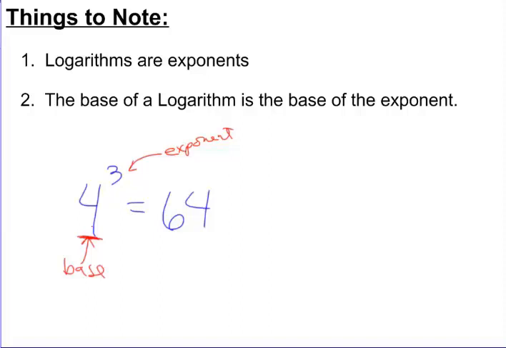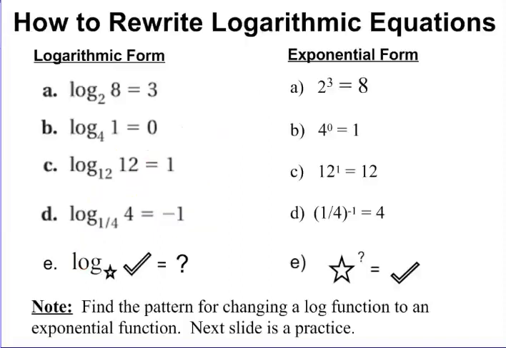So the next slide. How to rewrite a logarithmic equation. This is what logs look like. So the first one, log base 2 of 8 is equal to 3. So we've already noted that the base of the log would also be the base of the exponent.